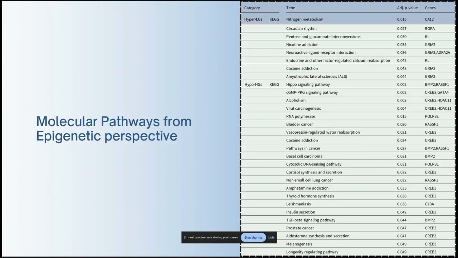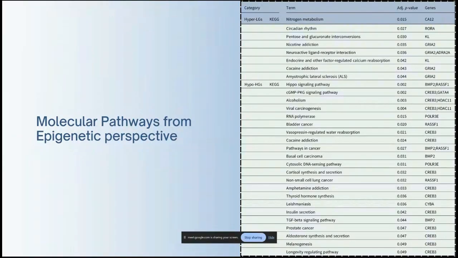Its dysregulation may affect neural maintenance and brain structure. The cGMP-PKG signaling pathway is involved in cellular signaling and synaptic function, which are essential for learning and memory.